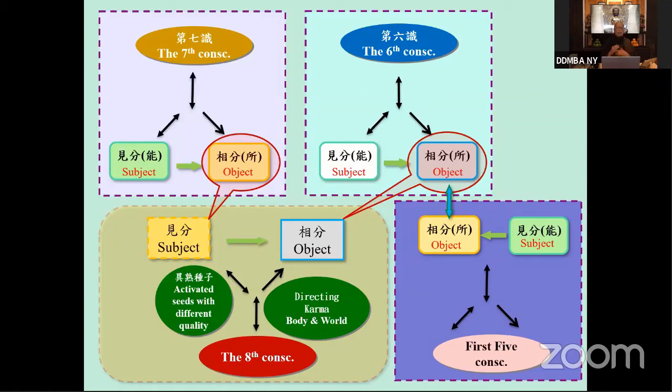The process of perception is actually inside the manifestation of the object. You see red color, you see apple. Why do you have the name of apple? It is because of the process of the eighth consciousness.